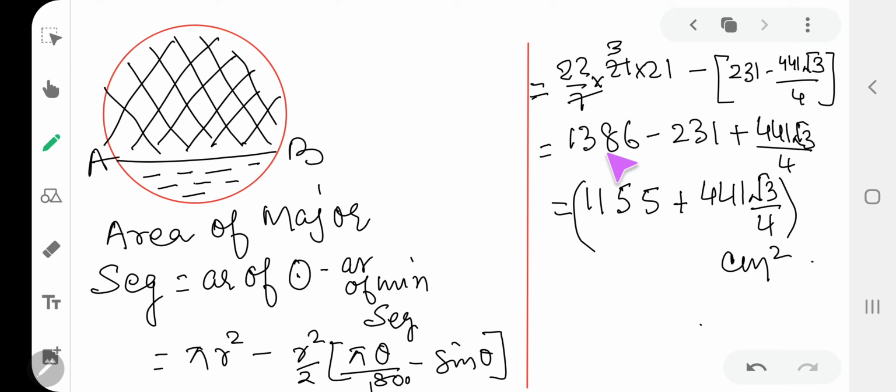The area of the circle is 1386 and this is the area of the minor segment we calculated. So this is equal to 1155 plus 441 square root 3 by 4 centimeter square.